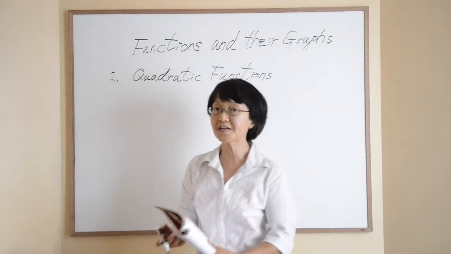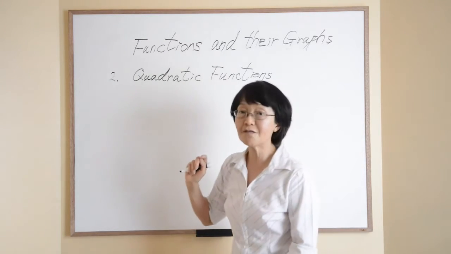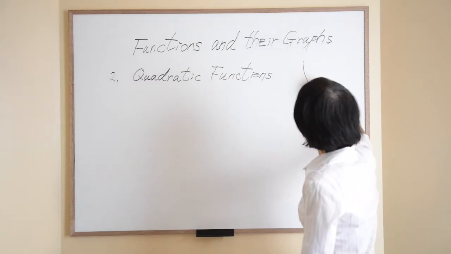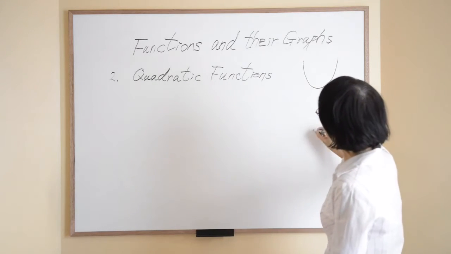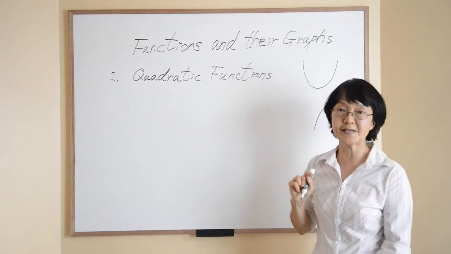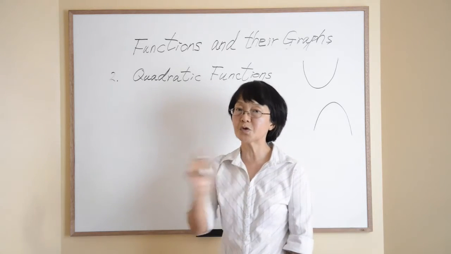We are going to review the quadratic functions next. A quadratic function basically has a graph of a parabola, which looks like this, either opening up or opening down. This is the one most used in SAT math tests. I'm going to give you the simplest one and tell you how to transform it.